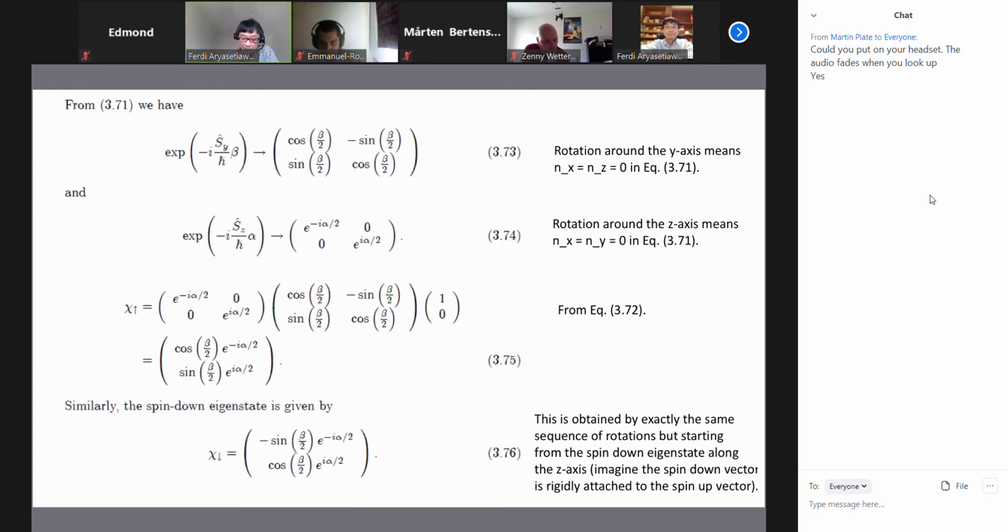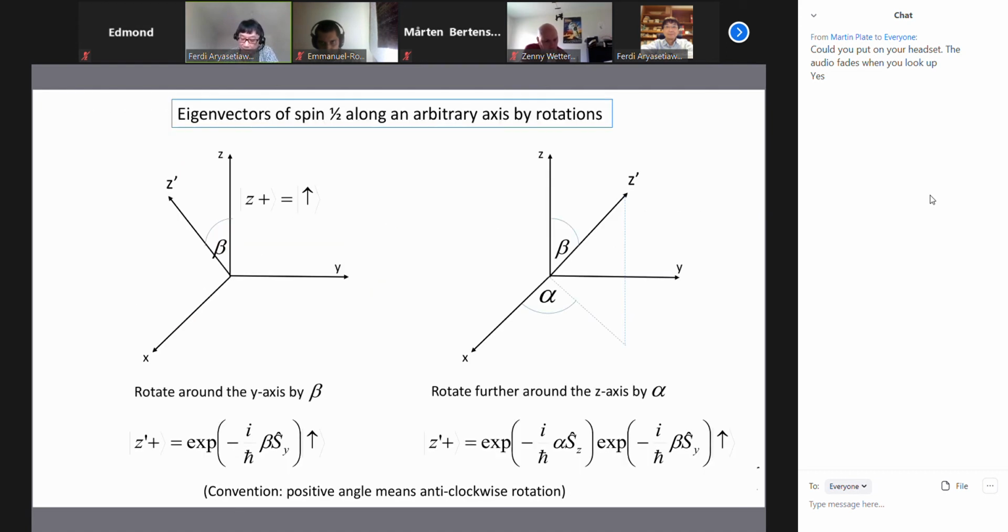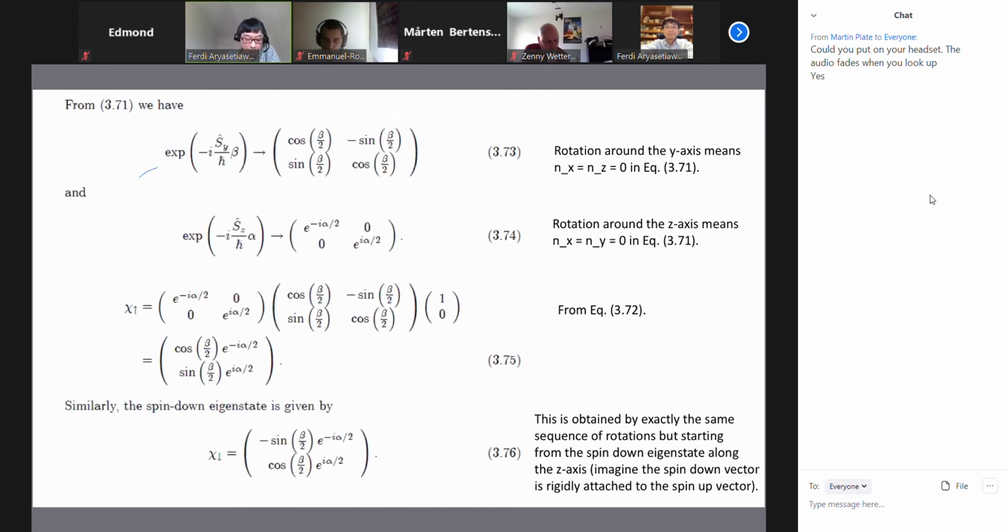So let's work out and see that we get the same answer as we did by direct diagonalization. So let's first work out this operator here. We have already worked out the explicit expression for the rotation operator. So if we make a rotation around the y-axis, that means that nx and nz are equal to 0.